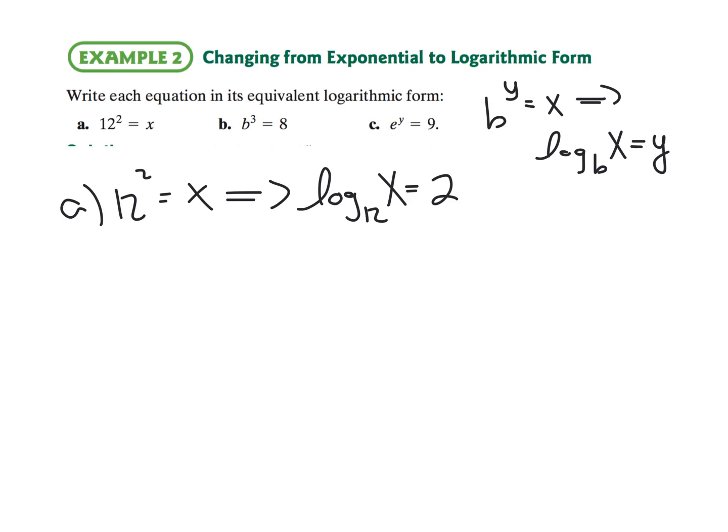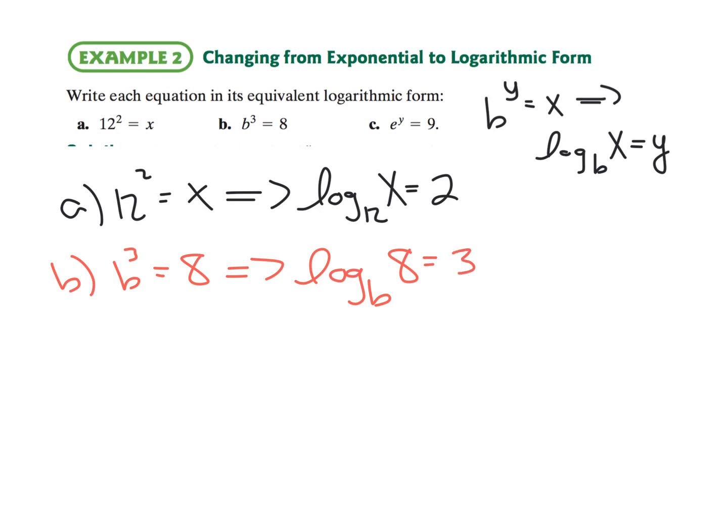If you compare what you have, that should match up with what we have here. So for part B, b cubed equal to 8 is going to become log base b of 8 is equal to 3.